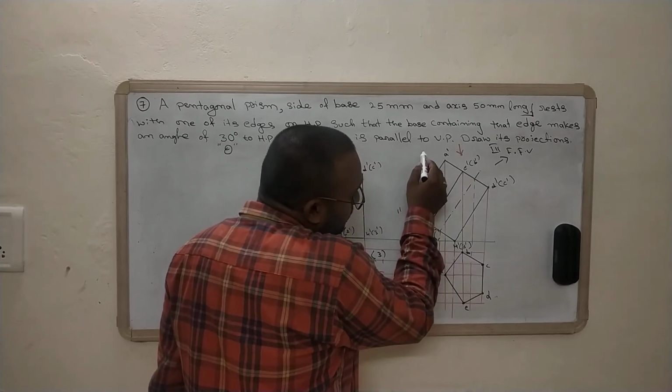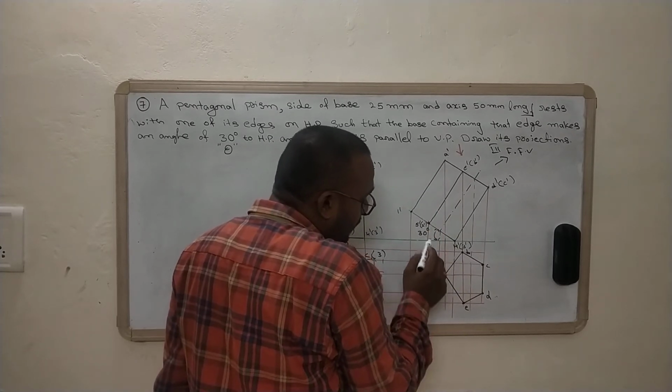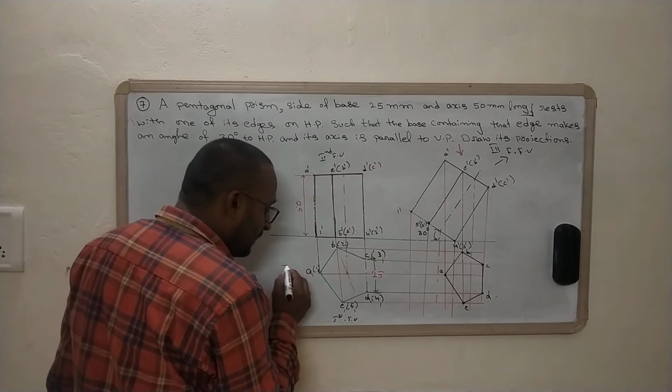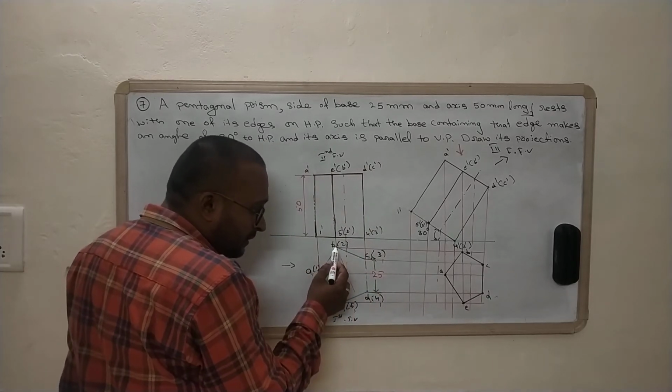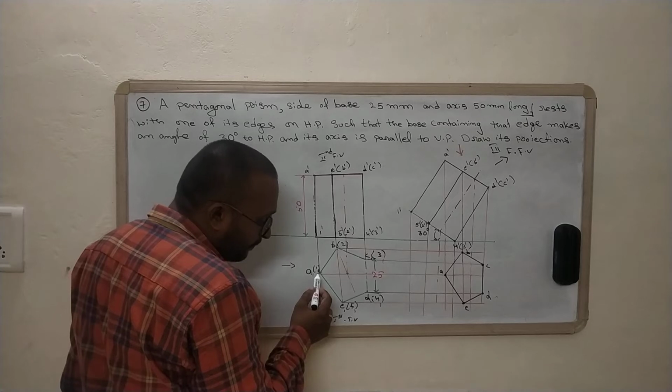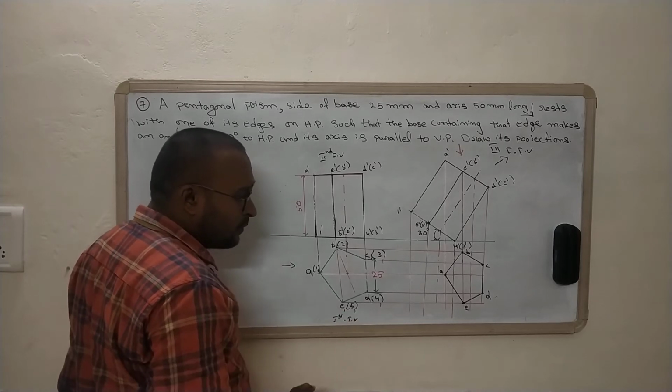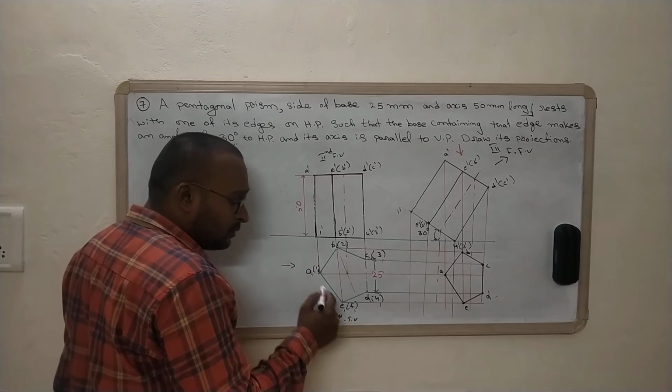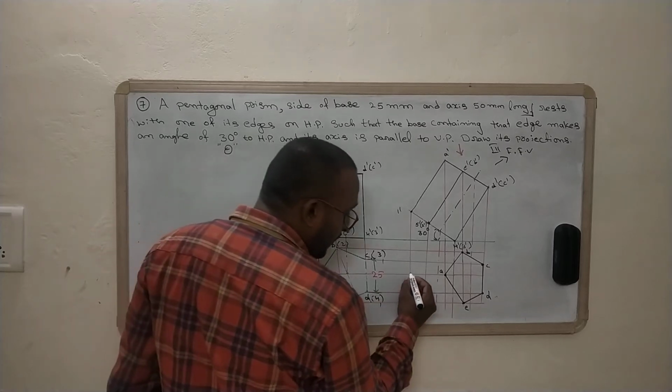So whenever we are going to see from the top side, this total surface will not be visible. What lines are going to be visible? AB, AE lines are going to be visible. That means 1 to 1, 5 lines are going to be visible.